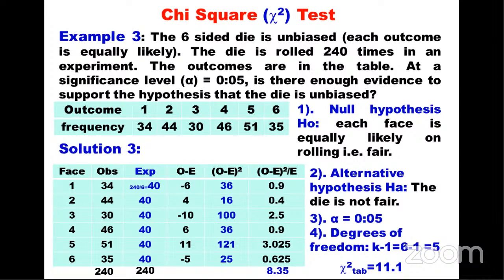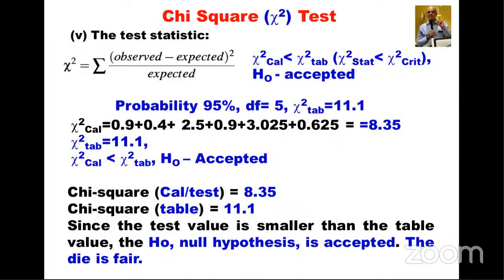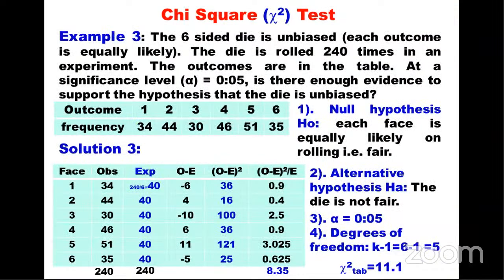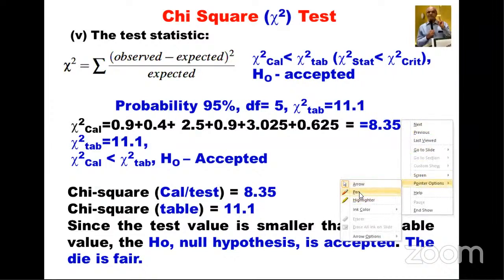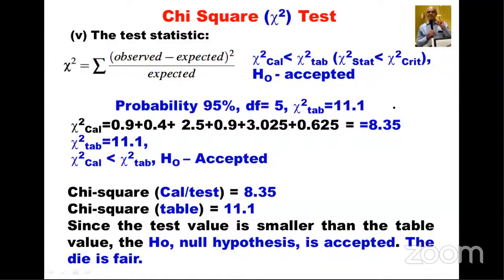Okay. Now chi-square from the table is 11.1 and chi-square by calculation comes to 8.35. So 11.1 is greater than 8.35.